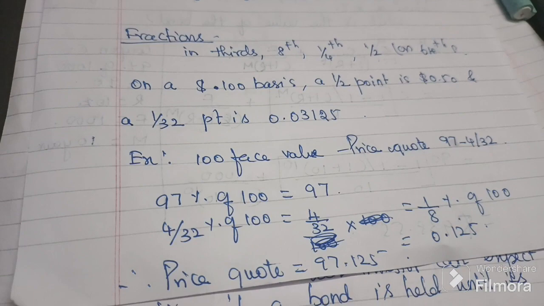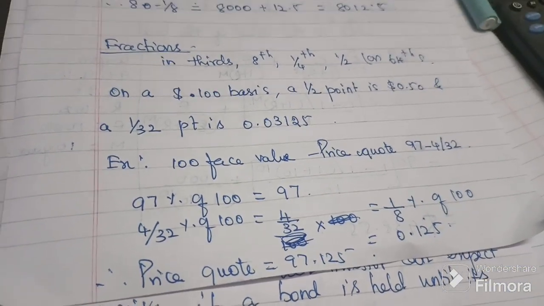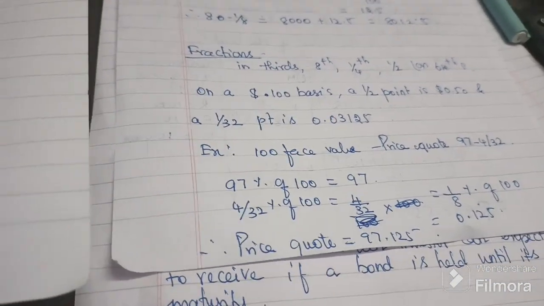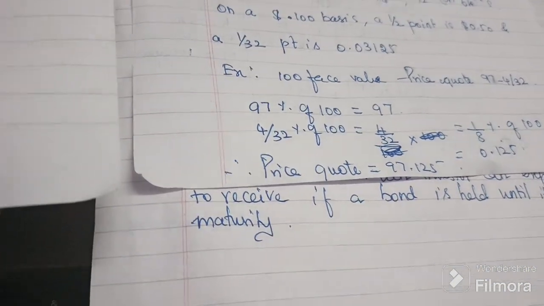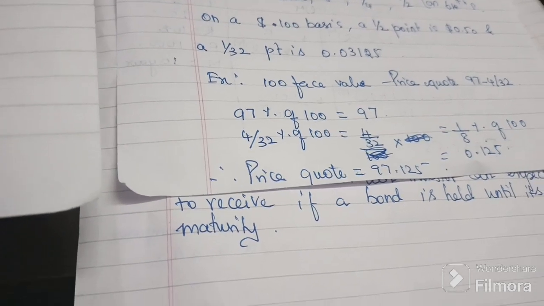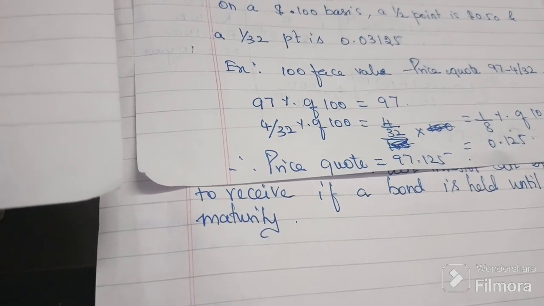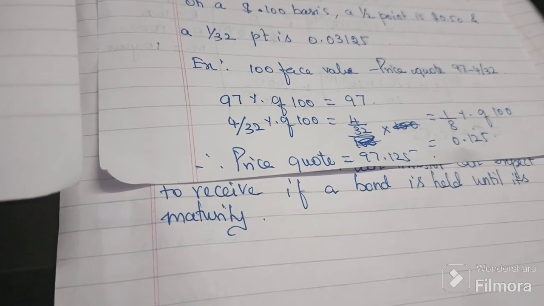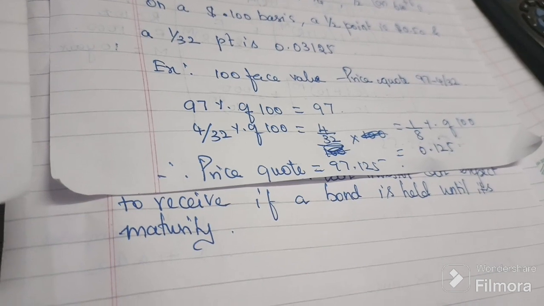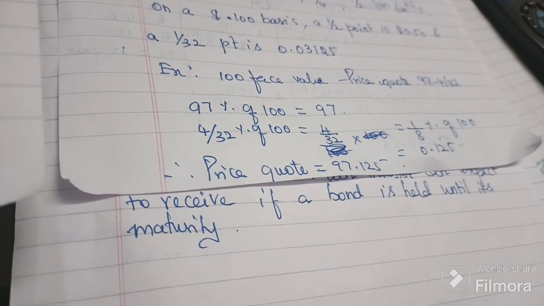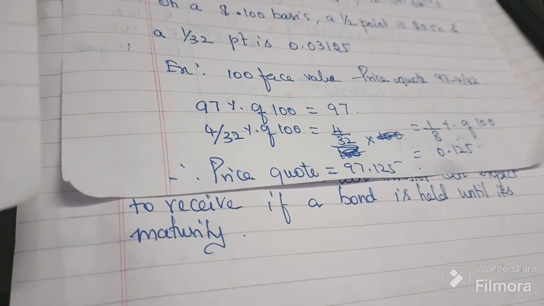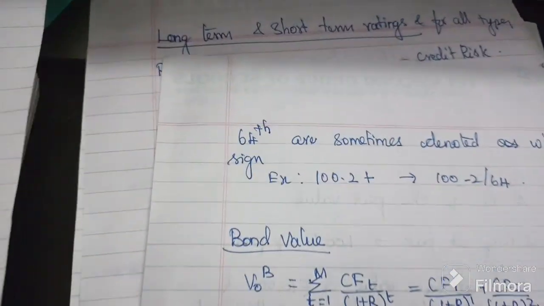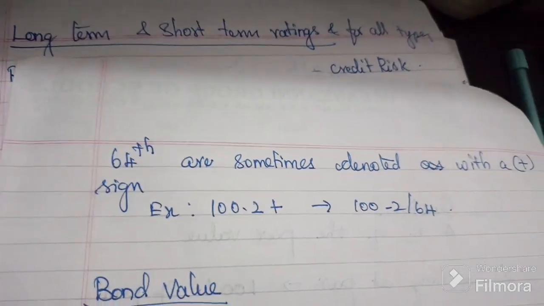The face value of a bond is 100 and the price quote is 97 4/32. So this is an example of a price quote. The fractions we will see in future videos. So 97% of 100 is equal to 97. Then 4/32% of 100, which is 1/8% of 100, we are going to calculate, which is 0.125. Therefore the price quote is 97.125.